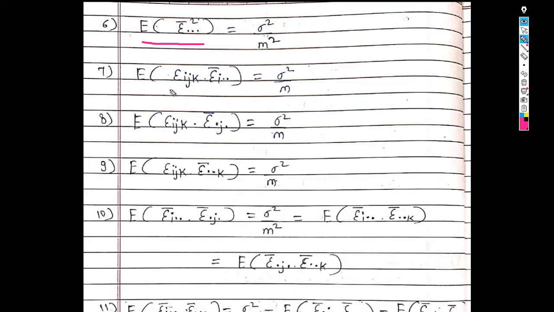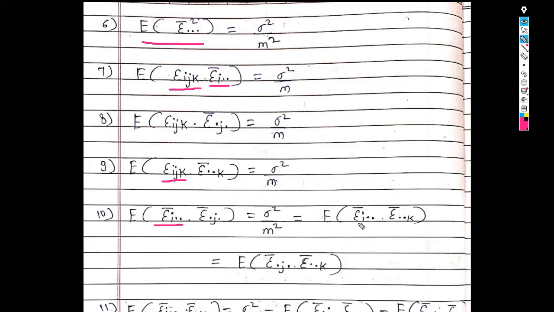Then expected value of epsilon ijk into epsilon i dot dot bar is sigma square upon m. Then expected value of epsilon ijk into epsilon dot j dot bar is sigma square upon m, and similarly expected value of epsilon ijk into epsilon dot dot k bar is sigma square upon m. Then expected value of epsilon i dot dot bar into epsilon dot j dot bar is sigma square upon m square.